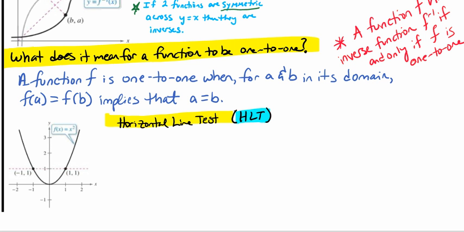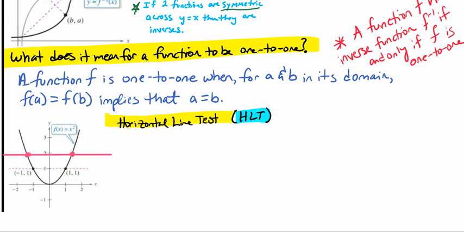So for example, if we look at the line that we are given here, and we move it vertically, we see that in at least one of the spots, it crosses 2 times.